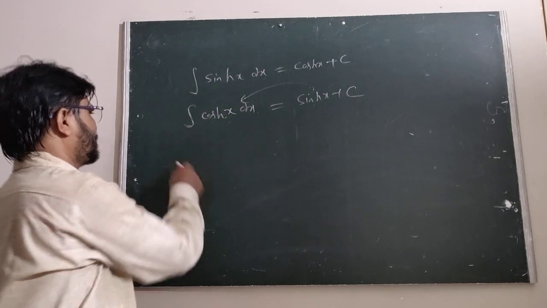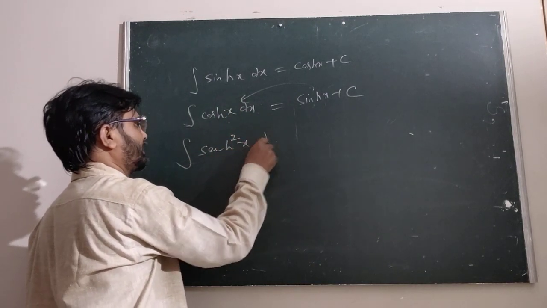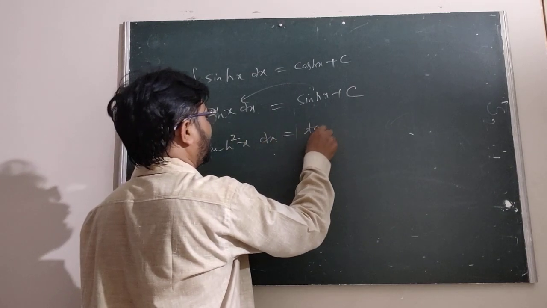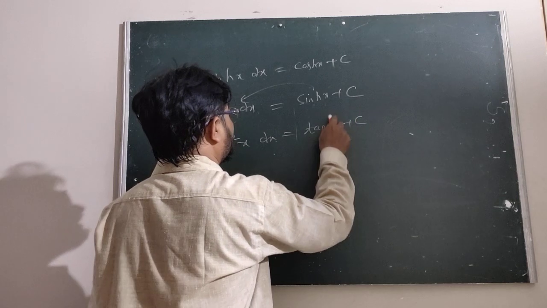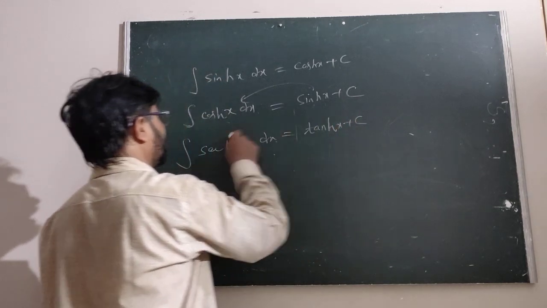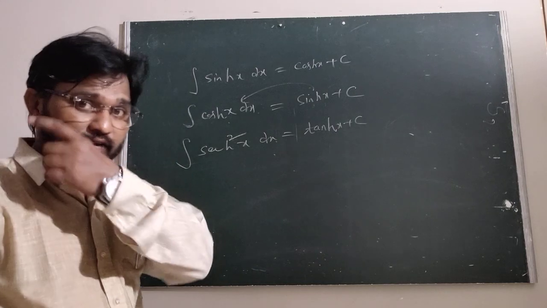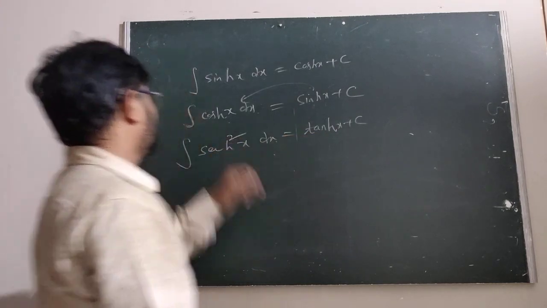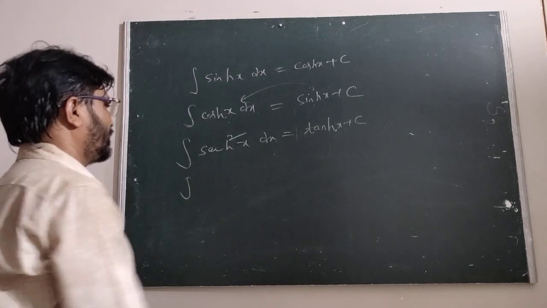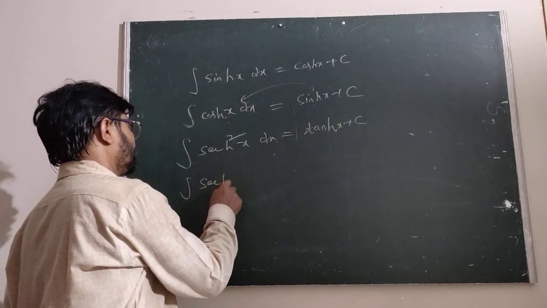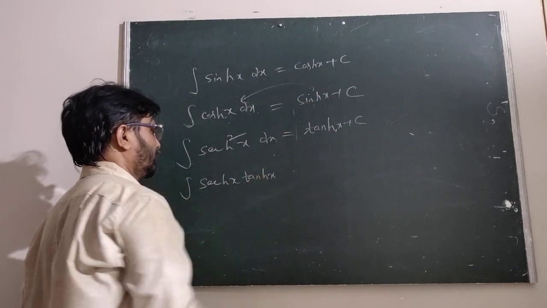Now we can write the integral of secant h square x dx, which is tan hx plus c, because the derivative of tan hx is secant h square x. Now we go to the integral of secant hx tan hx.